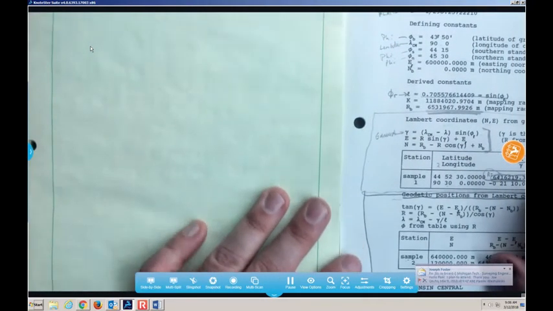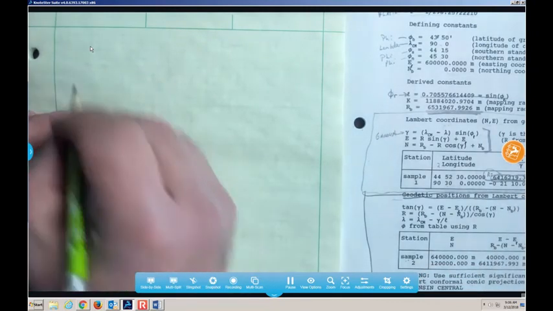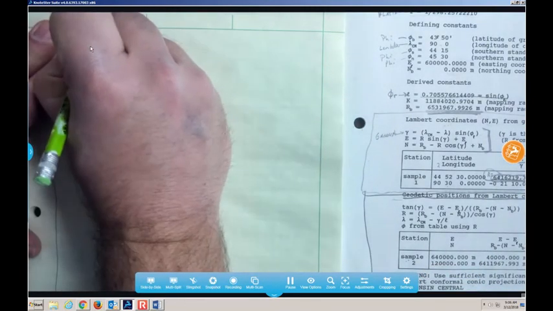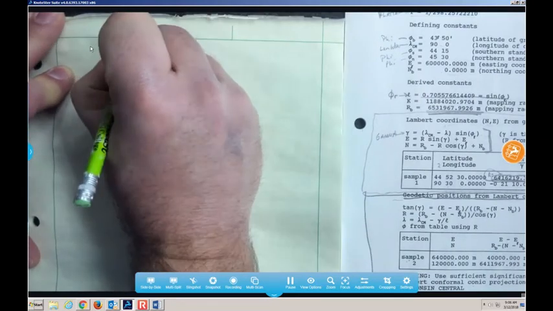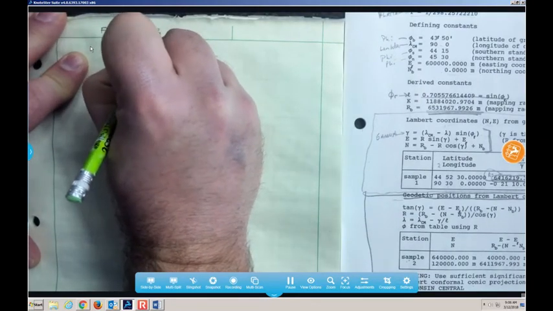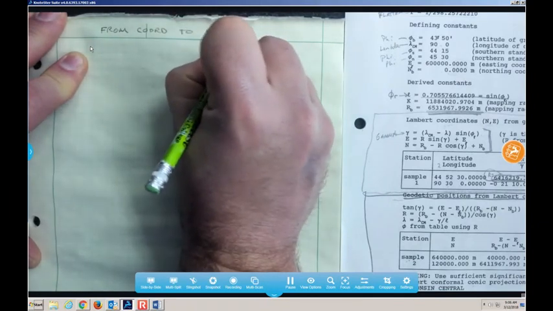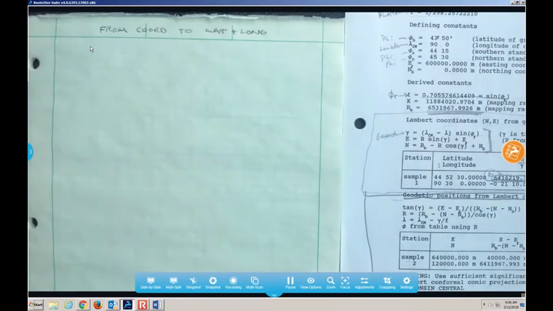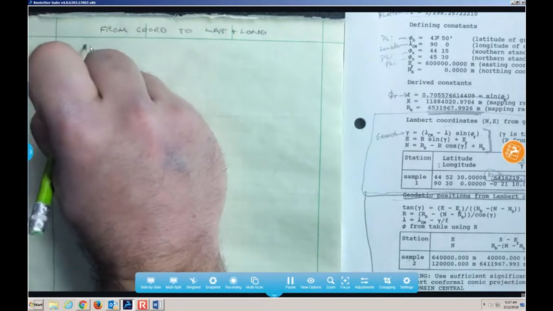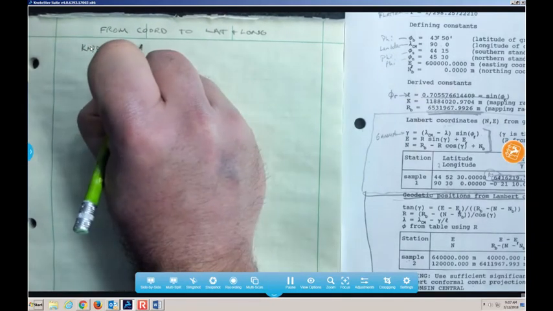So we're going to go from coordinates to lat and long. So our known is our northing.